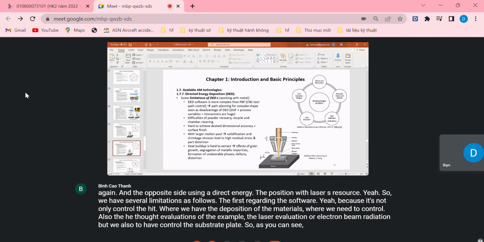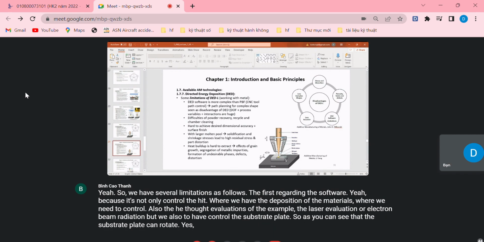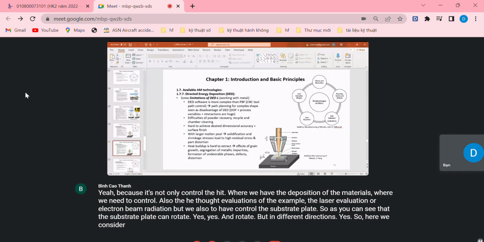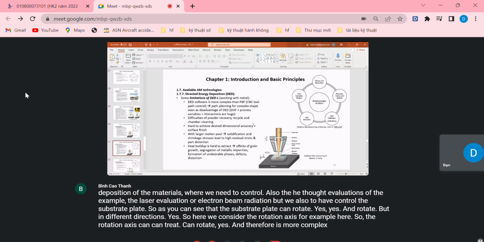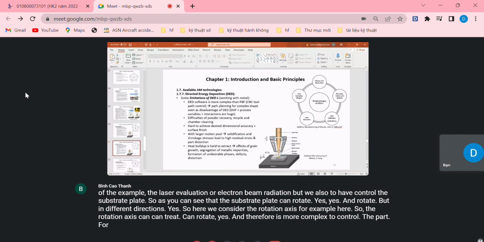As you can see, the substrate plate can rotate, in different directions. If we consider the rotation axis, for example here, the rotation axis can tilt and rotate, and therefore it is more complex to control the part for the depositions.